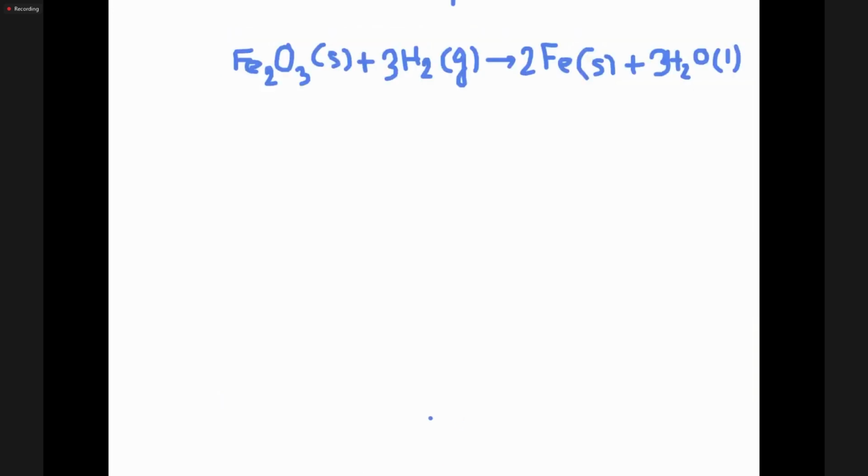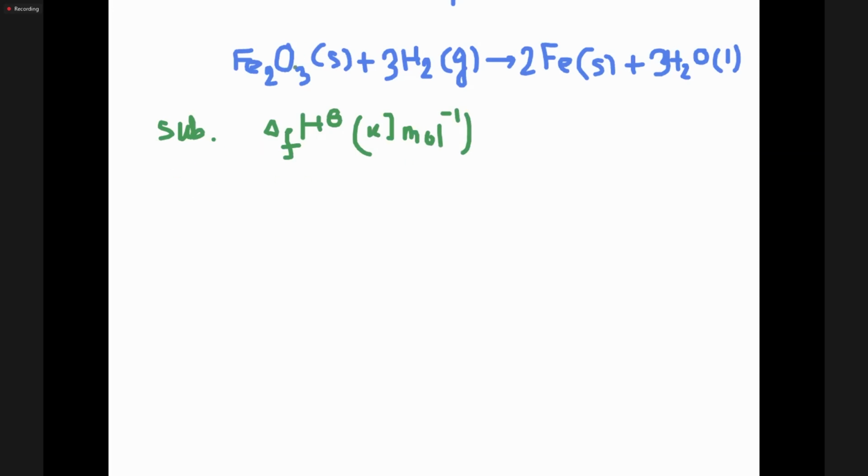So now let's check over here. Firstly, we have the ΔfH° values that we require, and then we'll have the substances.